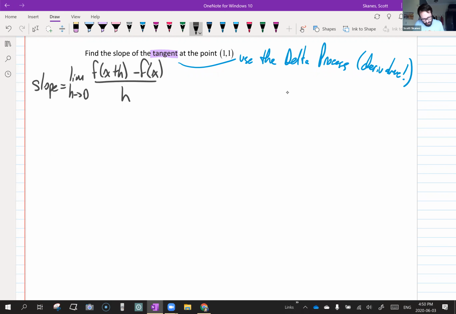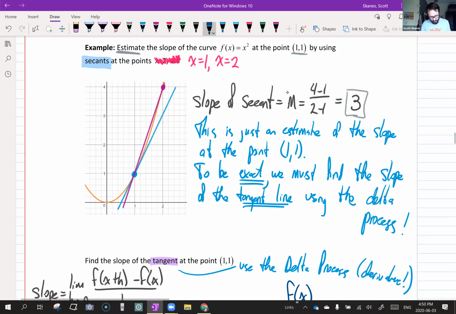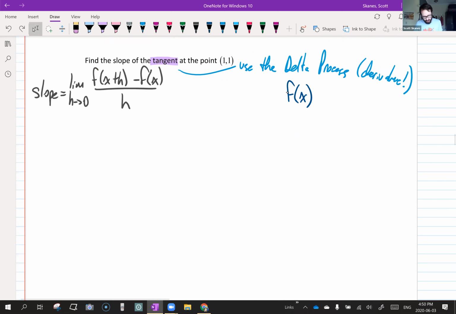What we're going to do is consider 2 things. What's our original function? You might not even remember what the function was, but earlier in the question, it said that the function is x squared. So I'm going to write down f of x is x squared. Because this is here, I also need f of x plus h. So whenever I see my x, I'm going to replace it with x plus h.